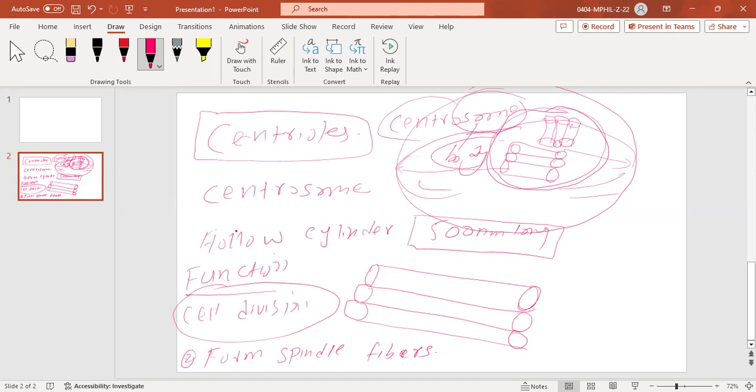The purpose is very simple. The purpose is to divide the chromosome number which is present in the cell, right? So this you must keep in mind.